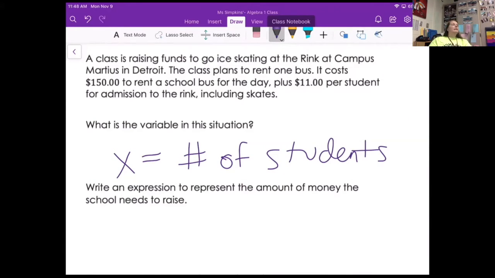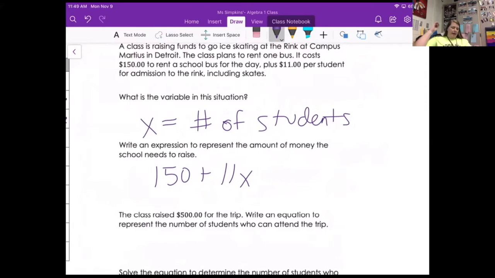So we want to write our expression for cost. So we know that we're paying for two things. We're paying for the bus, which is $150, plus 11x, which is $11 per student. And then part 3 says the class raised $500 for the trip.